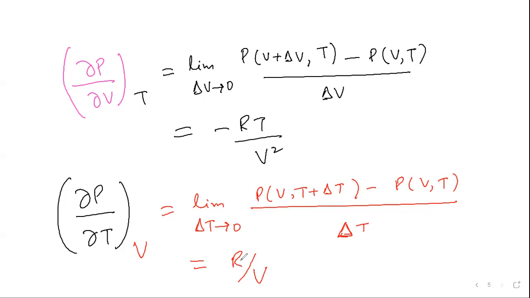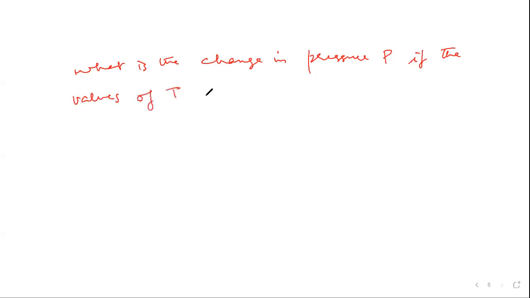Therefore, if pressure changes from P to P plus dP, or let me state it this way, what is the change in pressure P if the values of T and V both change? How to find that? We write it this way.